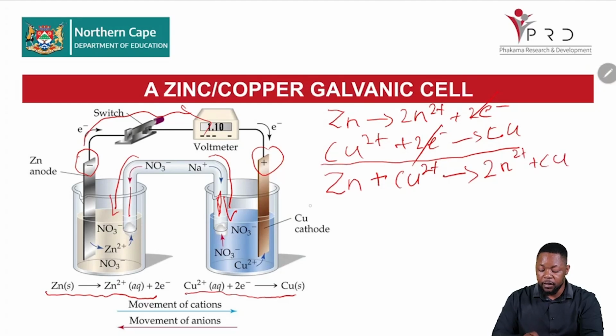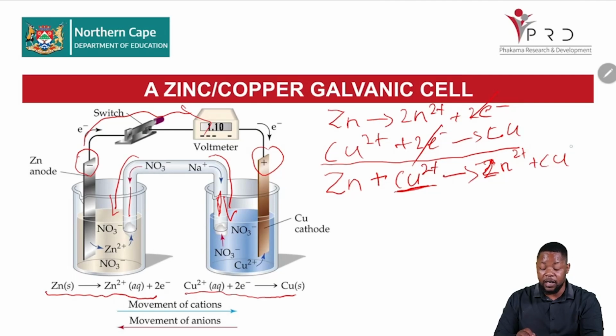Therefore, we will see in the net reaction here that zinc with oxidation number of 0 moves to Zn2+ with oxidation number of 2+, which shows an increase in oxidation number. So zinc undergoes oxidation, and the copper 2+ ion moves from 2+ to 0, which shows a decrease in oxidation number, and that is an indication of reduction.